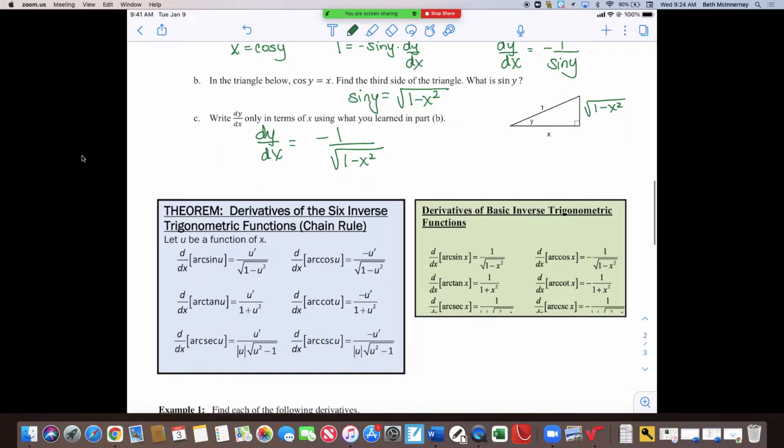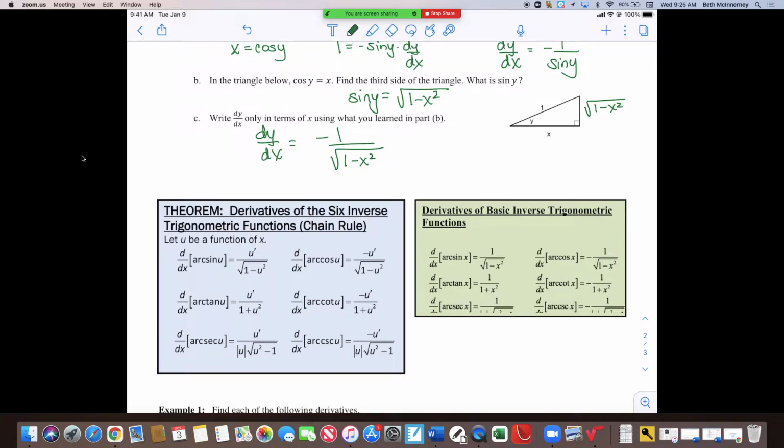All right, so in these boxes, there are 6, and in green, these are the first 3 we found, and then there's the other 3. You could solve them the same way, I just don't have time to do all 6. In blue, that's with the chain rule.